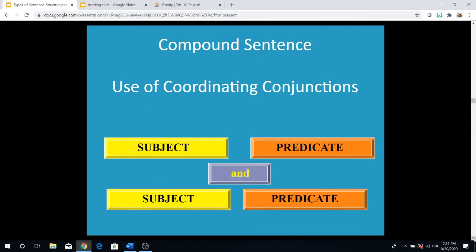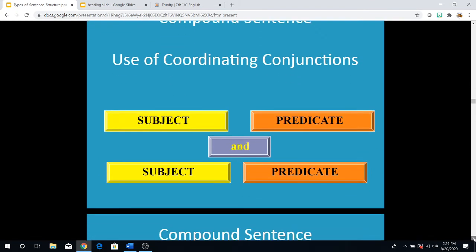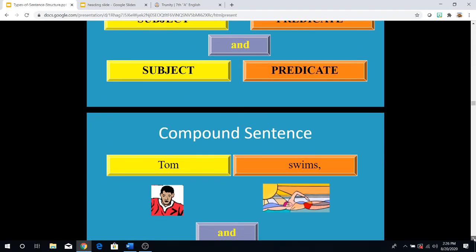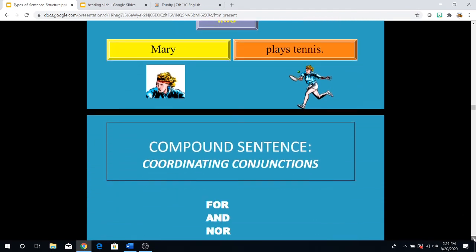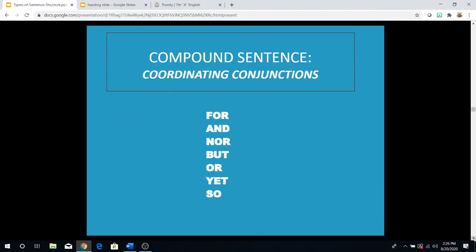Compound sentence, use of coordinating conjunctions. Compound sentence, Tom swims, comma, and Mary plays tennis. Here you have a list of coordinating conjunctions that you will find in your compound sentences. For, and, nor, but, or, yet, and so.